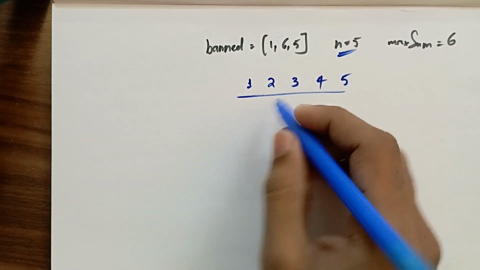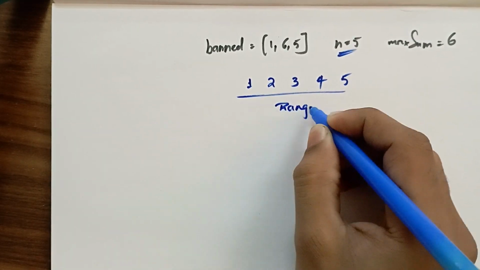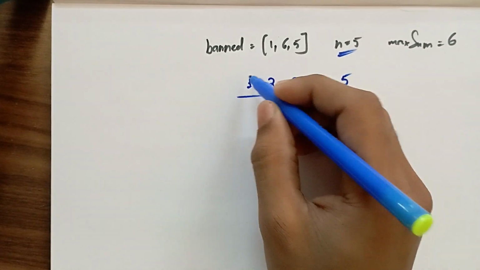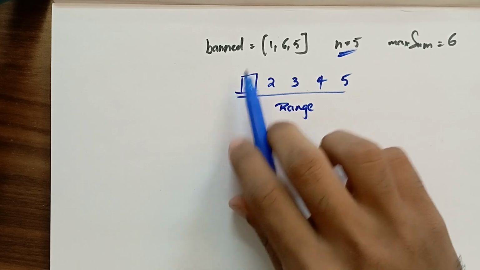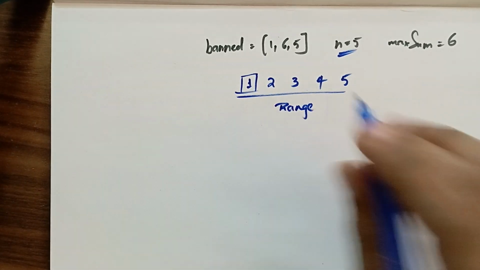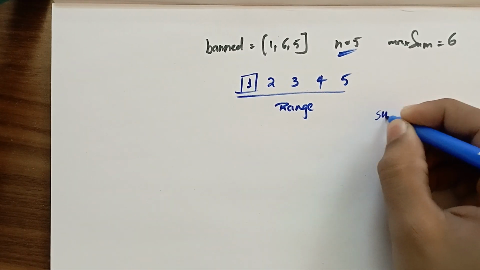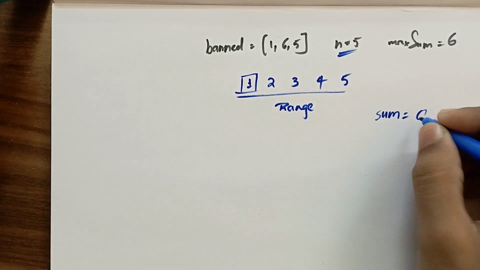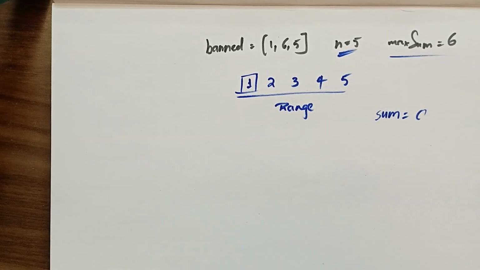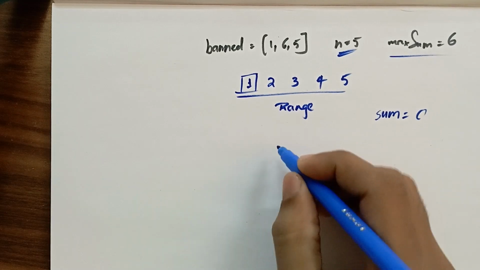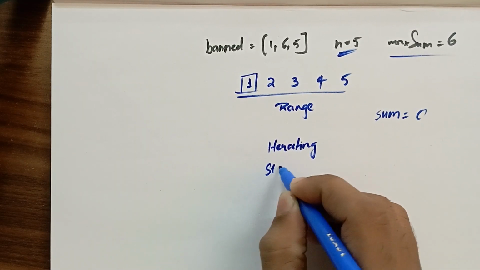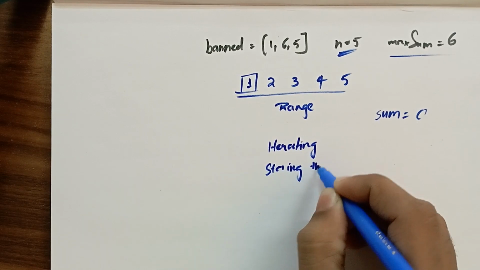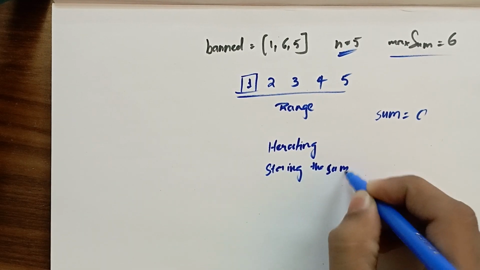So this is the range. Now we need to take 1 if and only if it is not present in band, and if you take it, it should not exceed the maximum sum. So we will be iterating and storing the sum.